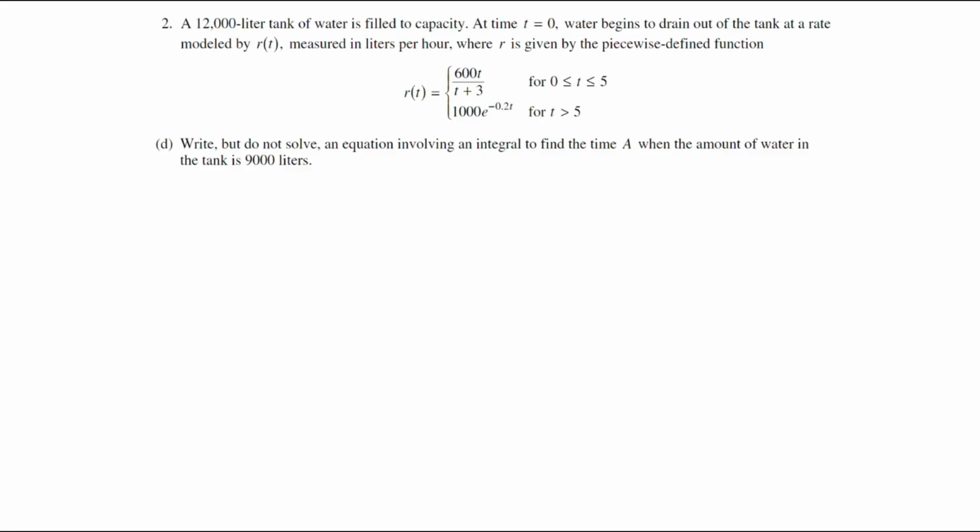And our last part here is write but don't solve an equation involving an integral to find the time when the amount of water in the tank is 9,000 liters. Well, we know that we started at 12,000, and we want to subtract the amount that drains. So it's going to be 12,000 minus the amount that drains from t equals 0 to some time a of our r of t function.